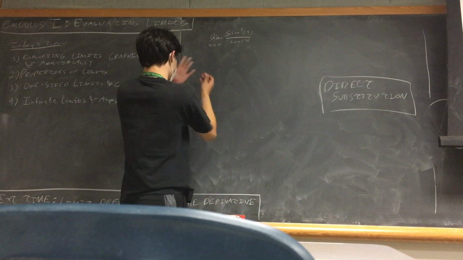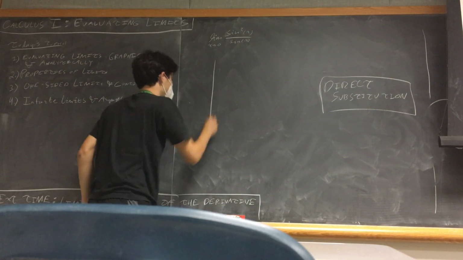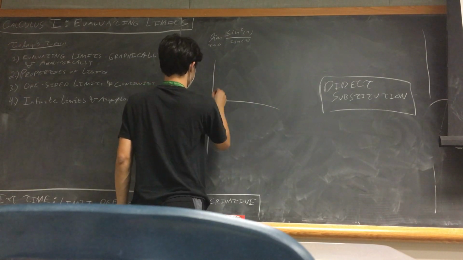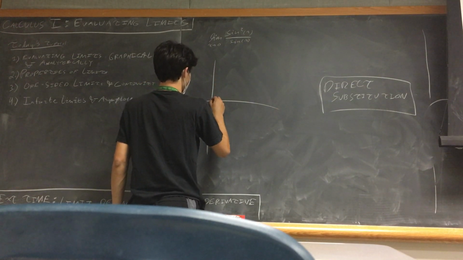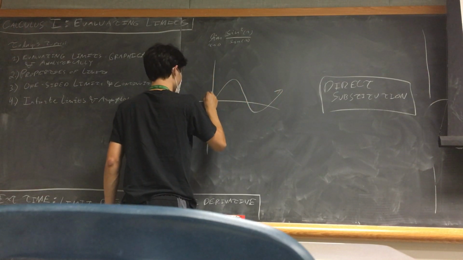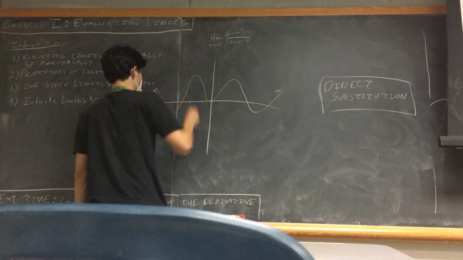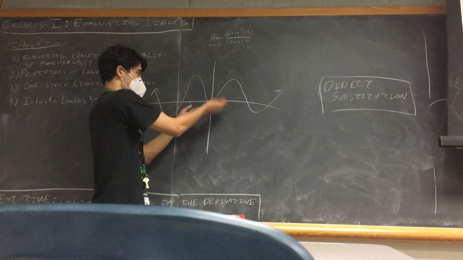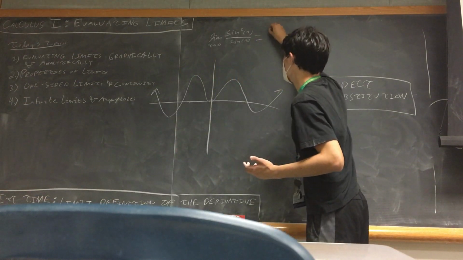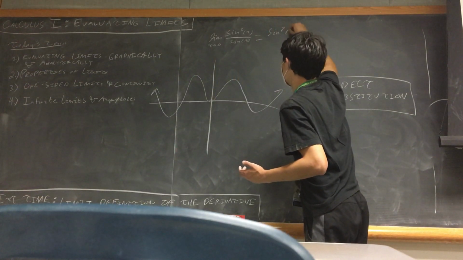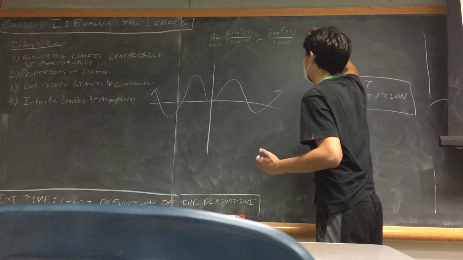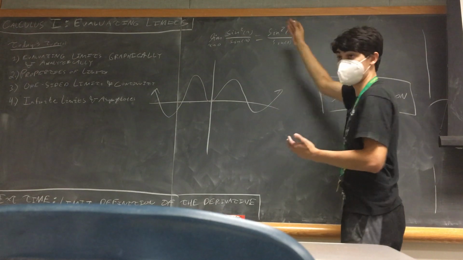If we wanted to just try direct substitution here, at first glance, you plug it into your graphing calculator, it looks like a sinusoidal function. So you say, all right, let's try direct substitution. Sine squared of 0 divided by sine of 0 is equal to, and we run into a little problem here.